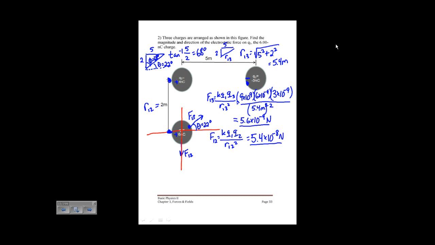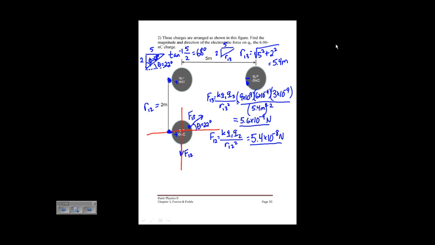Because the force has an inverse square relationship, that is, the force is proportional to 1 over the distance squared, if you make your distance bigger, it makes your force smaller at a pretty big rate. If you make your distance bigger by a factor of 2, it makes your force smaller by a factor of 4, because of that inverse square relationship. We'll see that in the concept test, too. Okay, so those are the magnitudes.